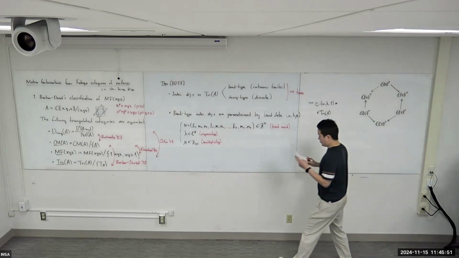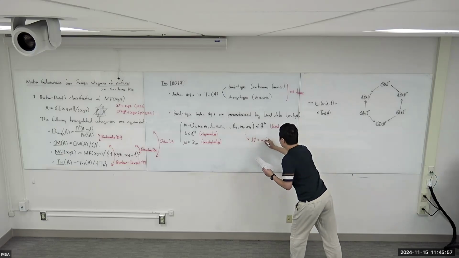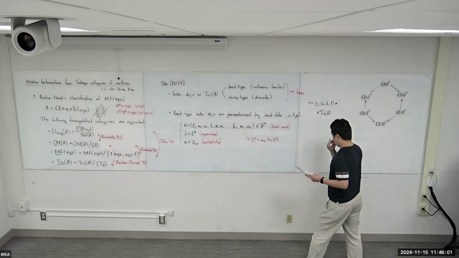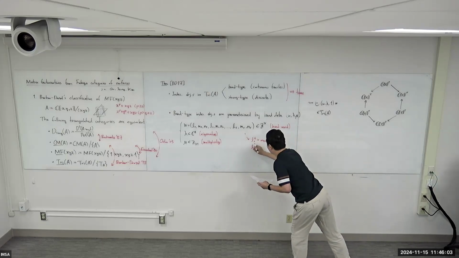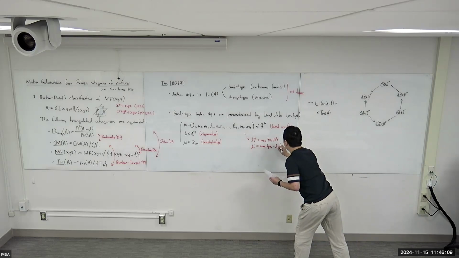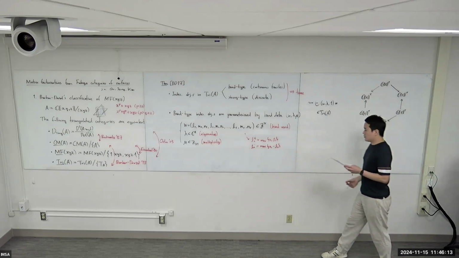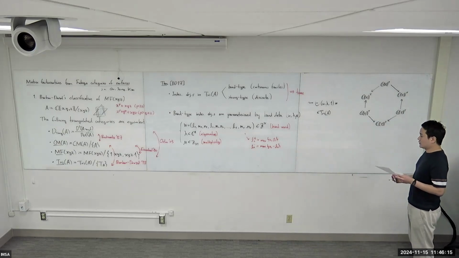So here I will use notation like li plus would be the positive part of the integer li, and li minus is the negative part. One of them is just 0, and the other is a positive number.